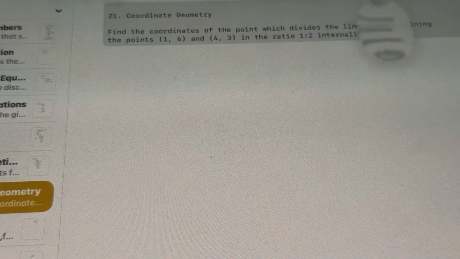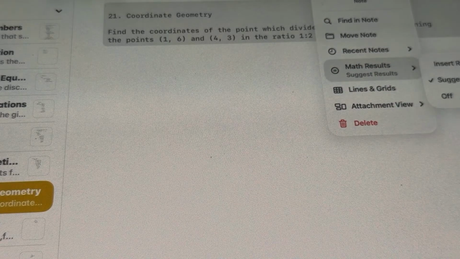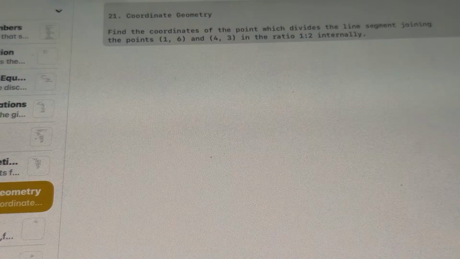Now we are going for the next problem. In the next problem, we are going to find the coordinates of the point which divides the line segment joining the points 1 comma 6 and 4 comma 3 in the ratio 1:2 internally. So this is a coordinate geometry problem.